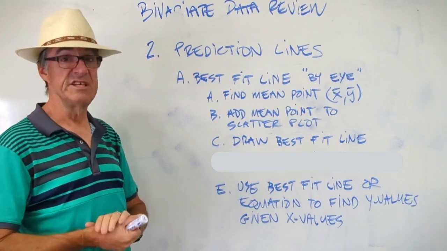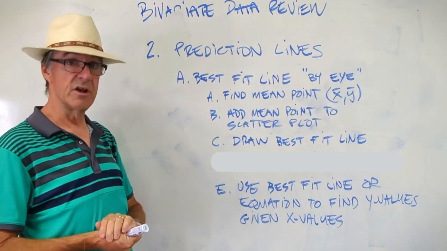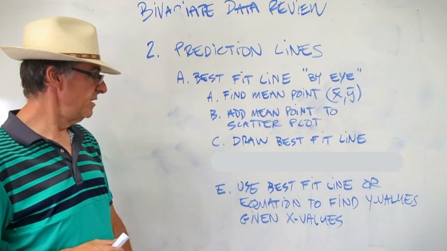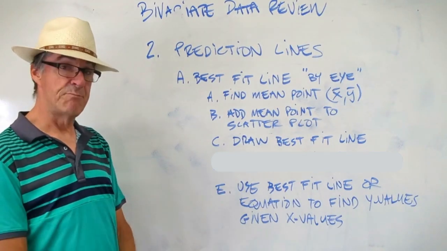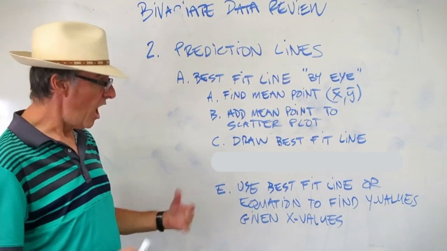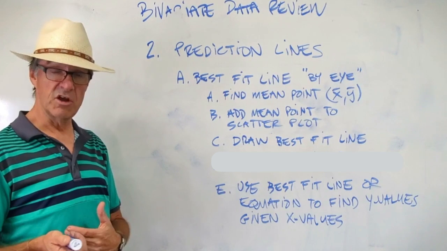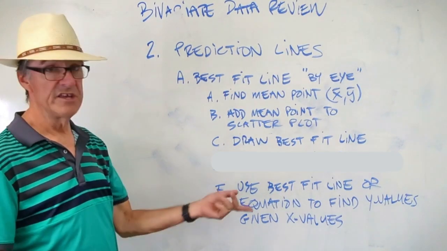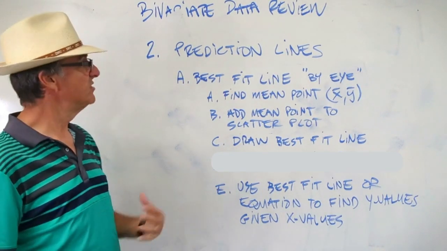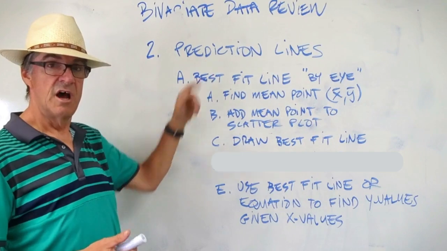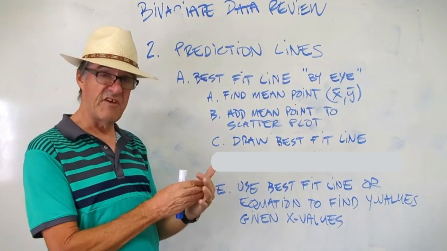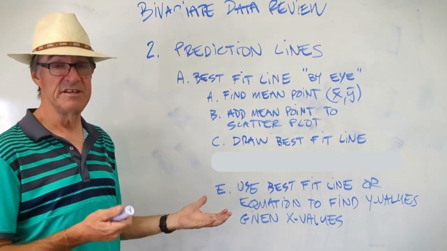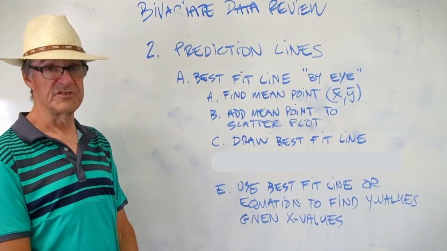We did a little bit more detail on that in the lesson video, so if you want to go back and review that, please do. Finally, we can use that best fit line either on the scatter plot or the equation to find Y values given X values. That's where this prediction comes in. I can say, well, what if X is this value? What is Y likely to be given our relationship?